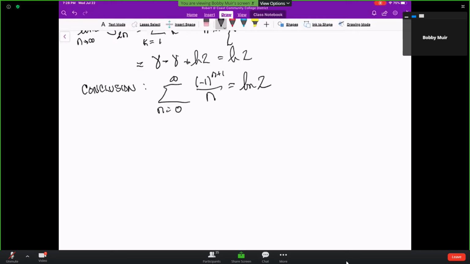So, the next section, 11.6, absolute convergence and the ratio and root tests.